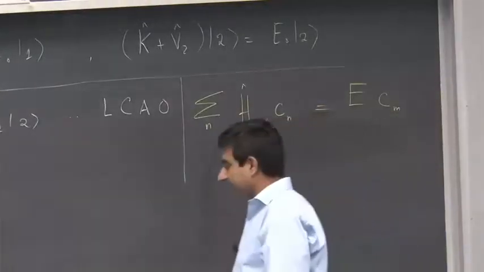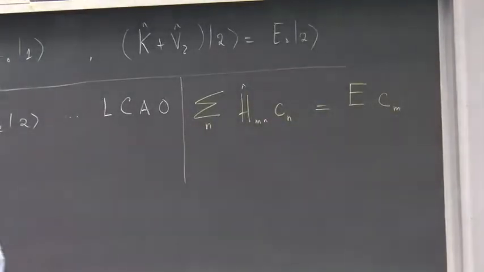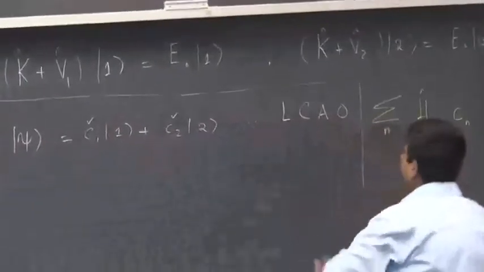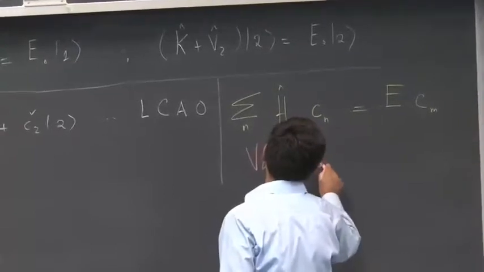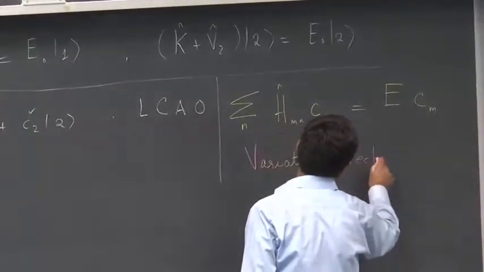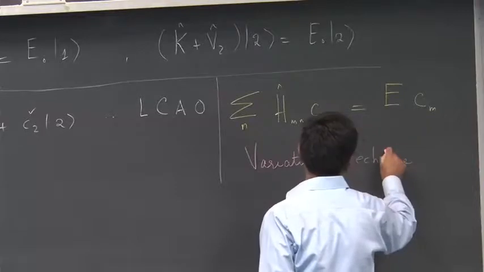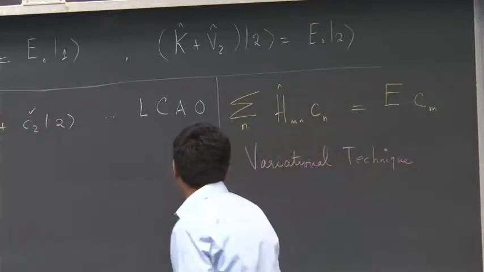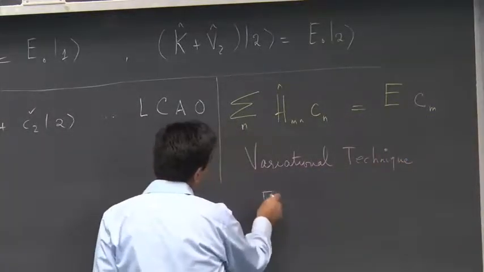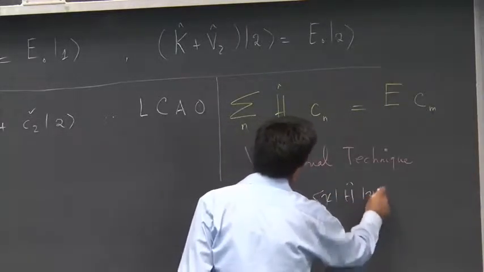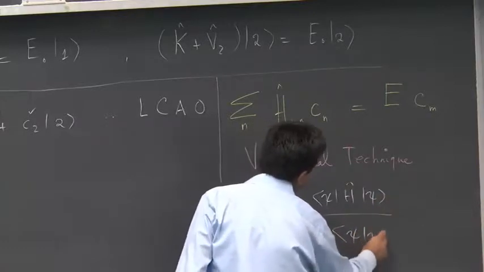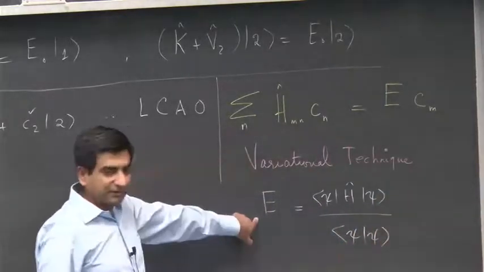You can easily derive this as a homework, probably I'll give it. The approach that I am following here is called the variational principle, the variational technique. Let me give you a hint: the energy is given by the inner product of the trial solution with the Hamiltonian acting on the trial solution. You choose any trial solution psi.